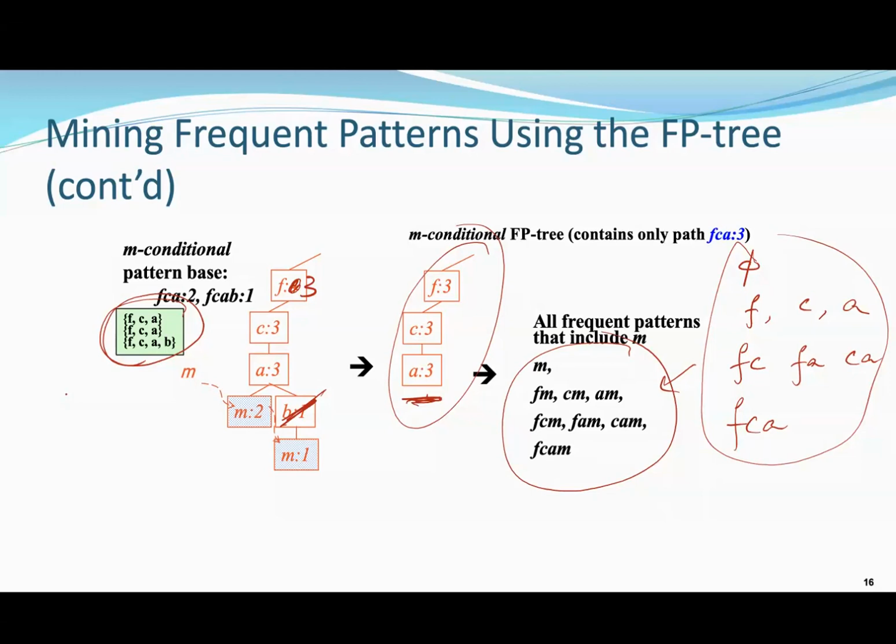If you remember, to derive the rules from the database, the first step is to find all the frequent item sets, and then, based on that, we can derive the rules. So the FP growth algorithm is for the first step, to find all the frequent item sets. These frequent patterns that I mentioned here are the frequent item sets.